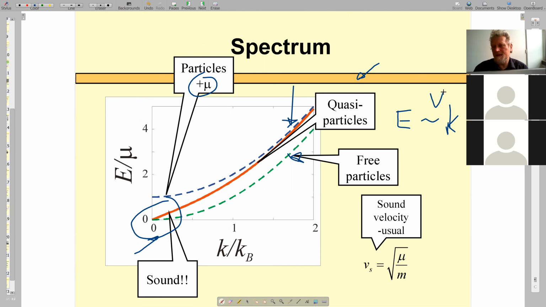So we will look at this dispersion law in the context of electromagnetic radiation, in the context of photons, light. And here we find it for another massless excitation. Here we find it for sound.